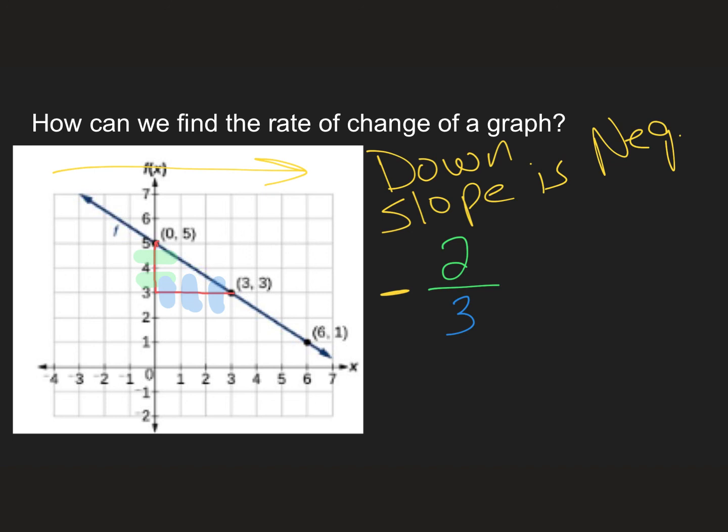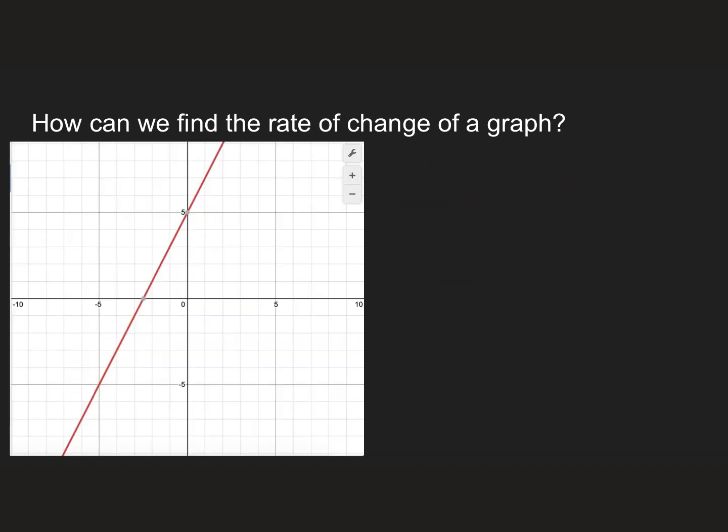Let's try just a couple more real quick to make sure you've got this. Again, this time they didn't give us the points. We could choose points and do this, or we can just look here. So I'm going to start here at this point. First of all, I know this is a positive slope because it goes up from left to right. I'm not going to choose a point that's actually out on a grid.